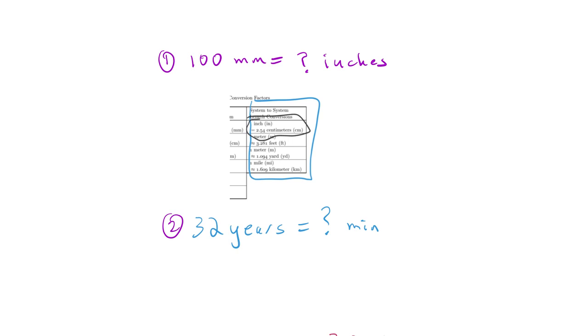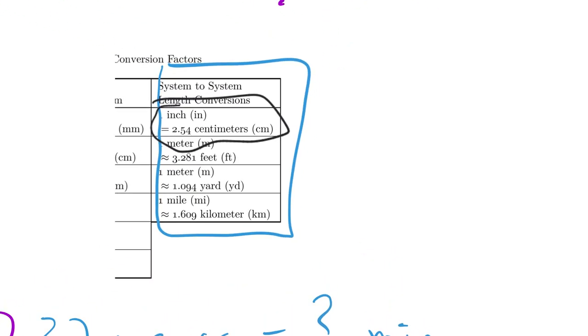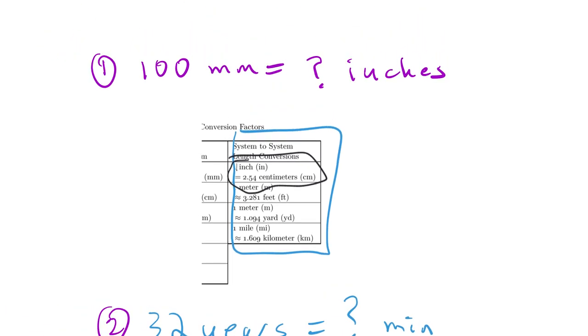So if you look at your table, there's nothing with inches to millimeters, but not a big deal. When I looked at the table, I saw that 1 inch is equal to 2.54 centimeters. So I'll start with my known term, 100 millimeters. And I had to get to centimeters.